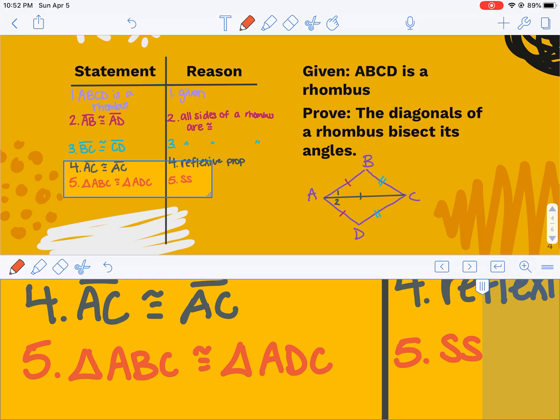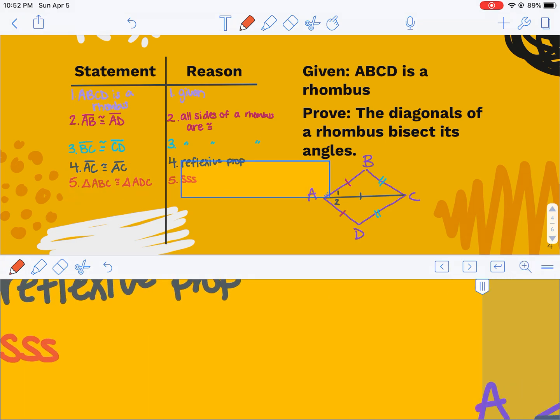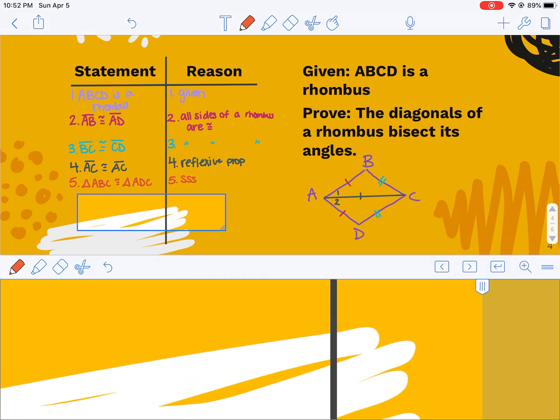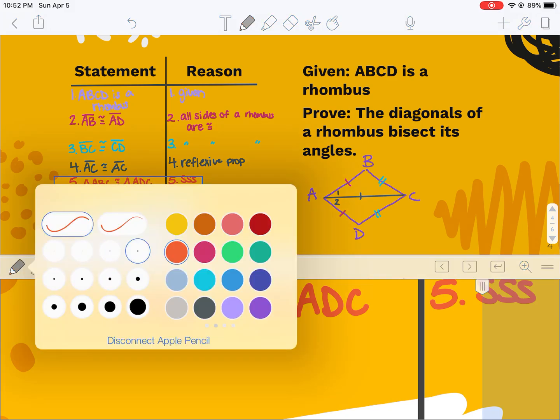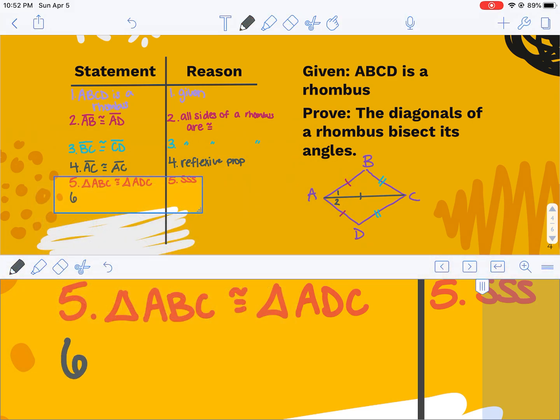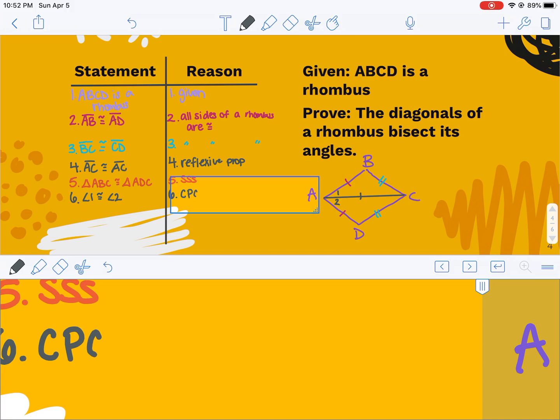The shortcut we're using is side, side, side. We were able to prove all of the sides congruent. We've proved 3 congruent sides. We've proven 2 triangles congruent. So now we can say, hey, angle 1 is going to be congruent to angle 2 because corresponding parts of congruent triangles are congruent.